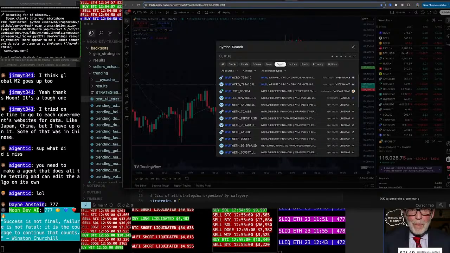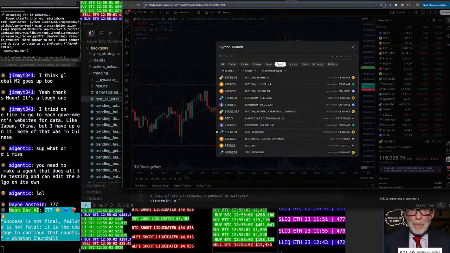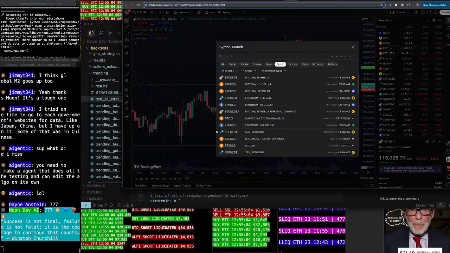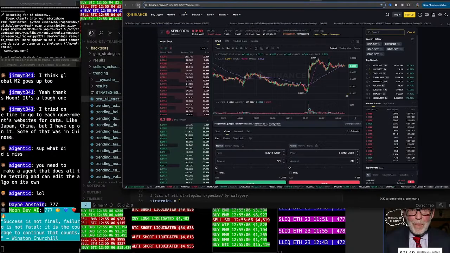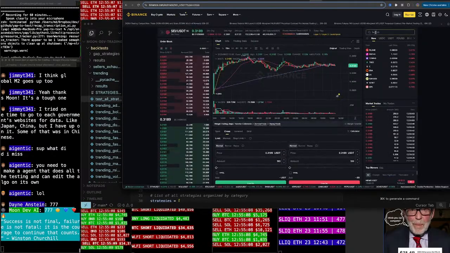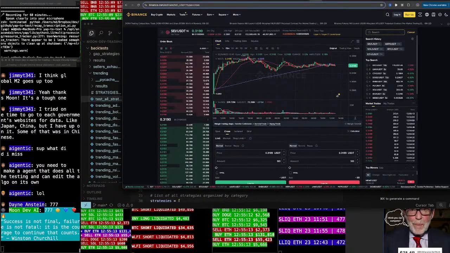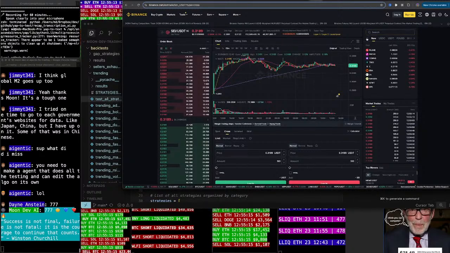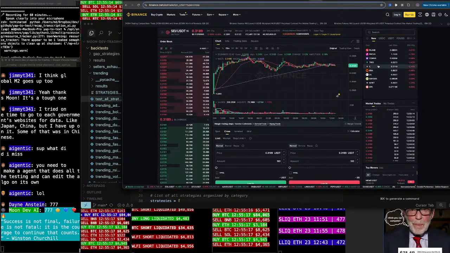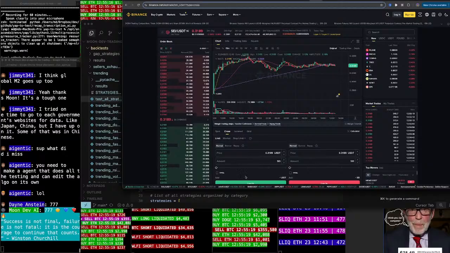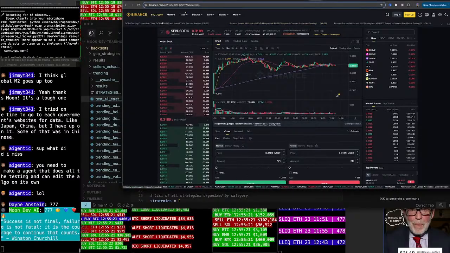LFI. They still don't have that. I don't see it here either, but maybe it's updated now. Nah, dude, I don't see it. It's interesting. It's being traded somewhere. Binance.